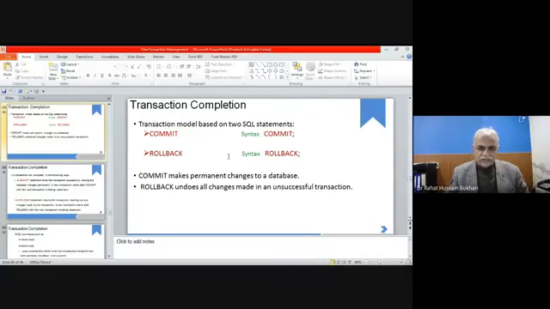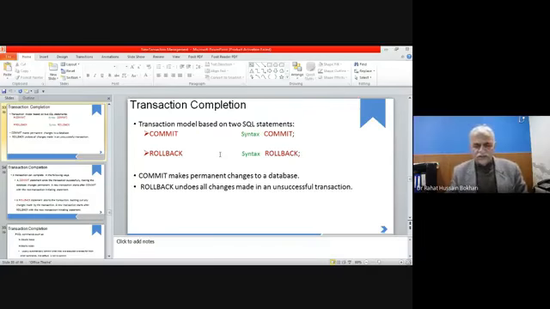And rollback means things are not happening as desired, or there might be some sort of malfunctioning, and we are not sure that the data will be updated properly. So we have to roll back our transactions.